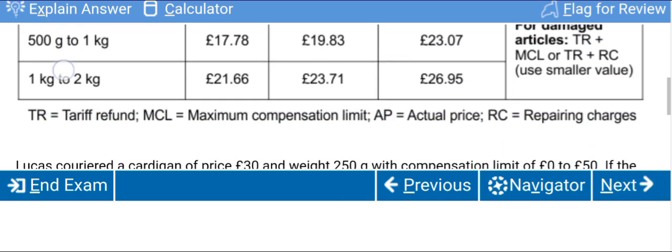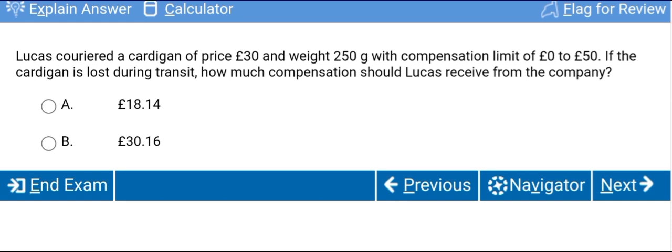With the same information, the question is: Lucas couriered a cardigan of price 30 pounds and weight 250 gram with a compensation limit of 0 pounds to 50 pounds. If the cardigan is lost during transit, how much compensation should Lucas receive from the company?